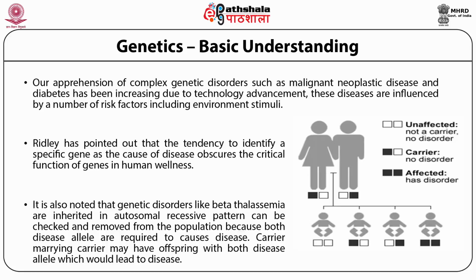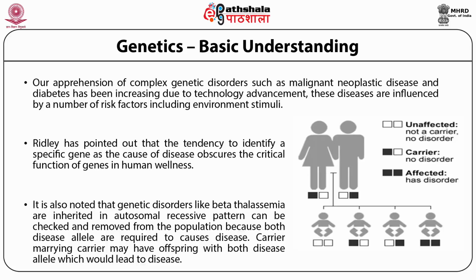Now from figure number 1, we can see the pedigree with autosomal recessive inheritance pattern. In this figure, there is a female who is a carrier and the male is also a carrier. When they produce children, there are four varieties of children. The first is unaffected, not a carrier and no disorder.